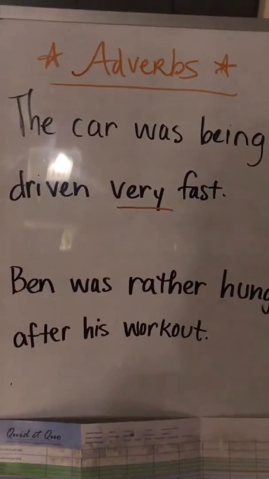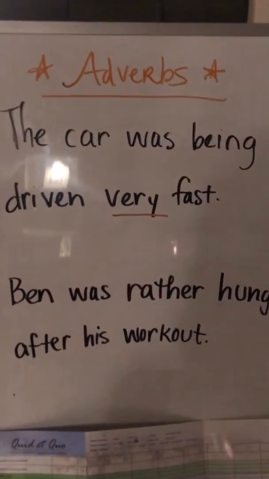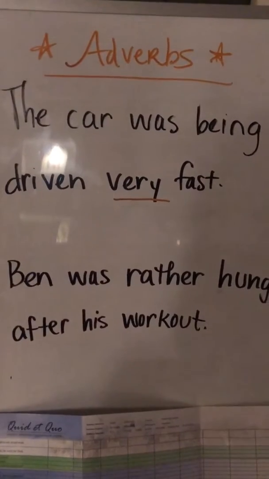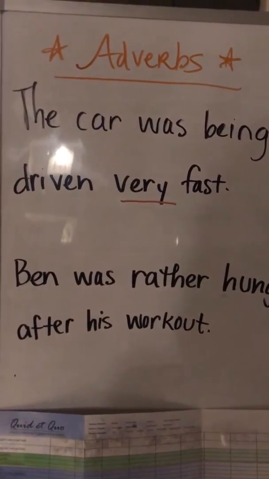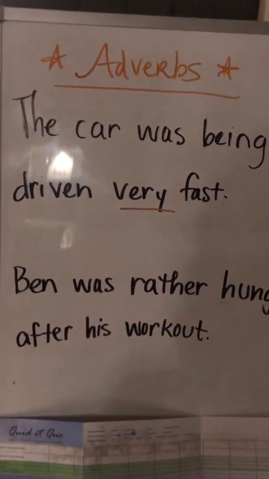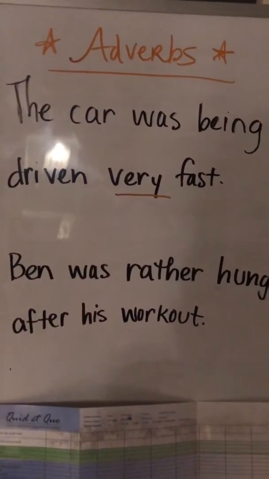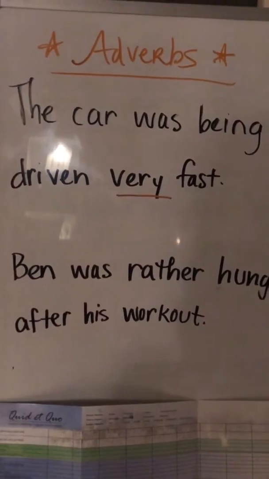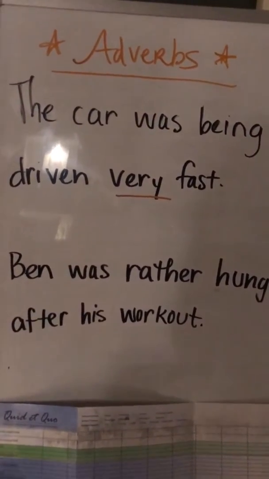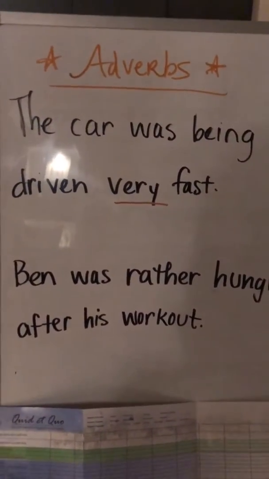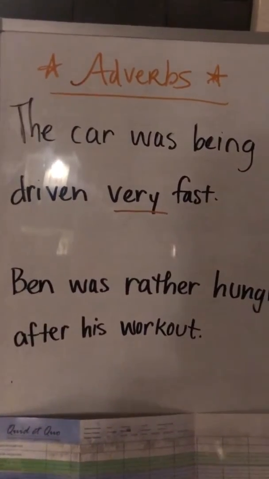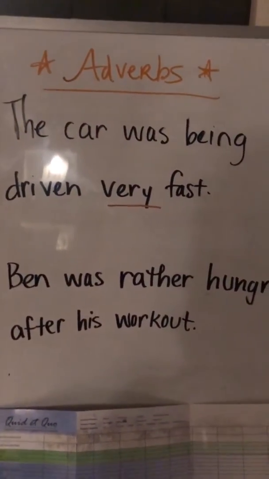And so fast is our adverb. The car was being driven fast, very fast. So it's modifying another adverb, right? So remember, adjectives modify nouns and pronouns, and adverbs modify verbs, adjectives, or other adverbs.